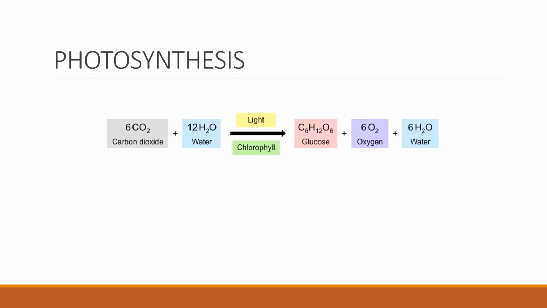But of course, for your level, we exclude the chemical formulas. So it's simplified into carbon dioxide plus water, with the presence of light energy and chlorophyll, forms glucose and oxygen. We forgo the extra water to simplify the equation. So for your level, we only learn the bottom one: carbon dioxide plus water forms glucose plus oxygen.